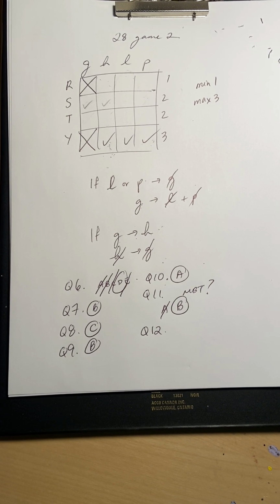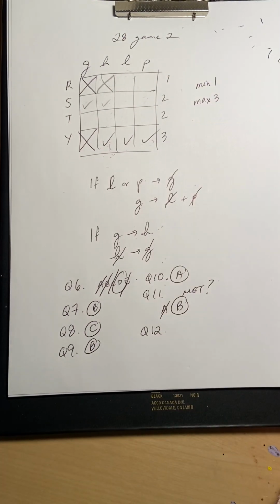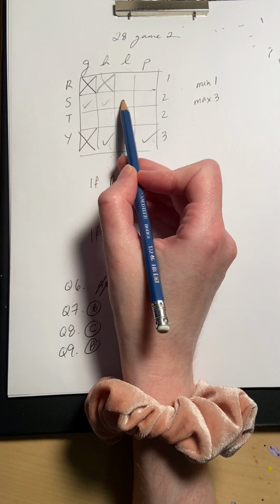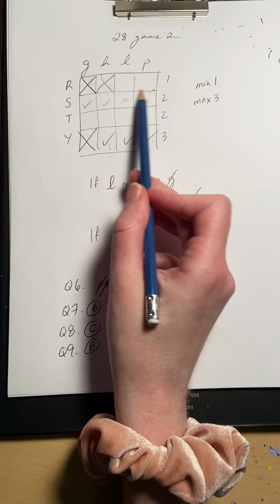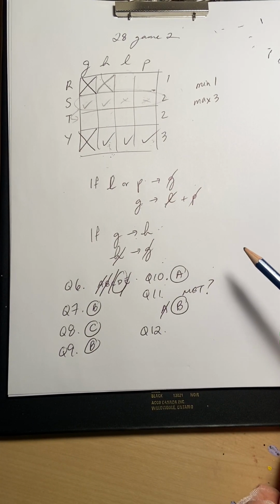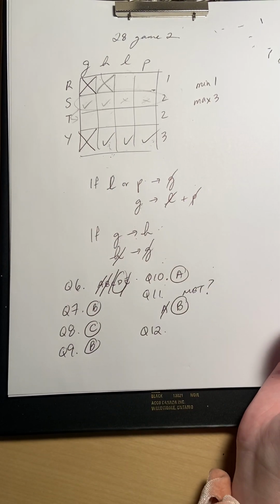So the historian therefore does not learn Rundi. So either L or P does, and whichever language here is being learned by the geologist, L and P can't learn it. So this could be Tigrinya or not. The geologist would only learn one language.